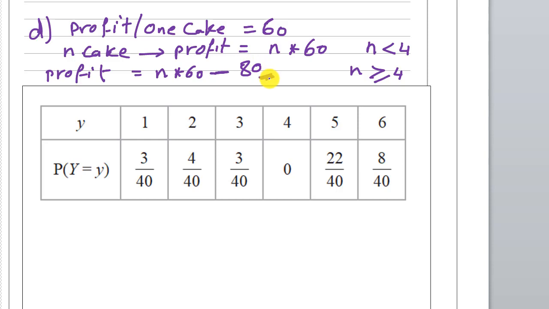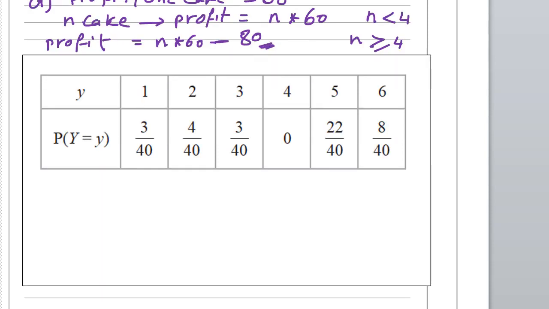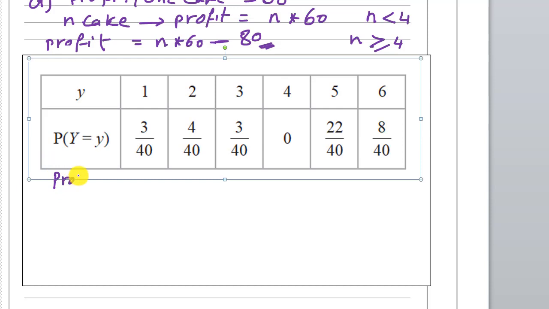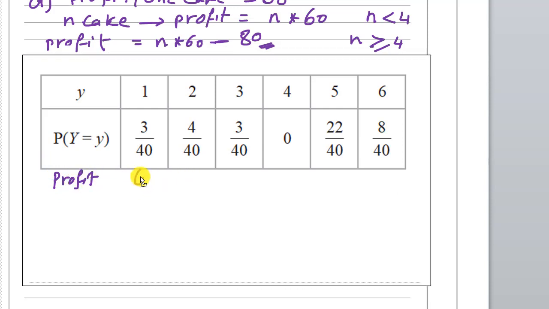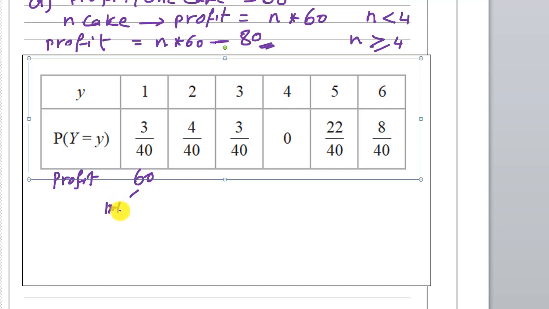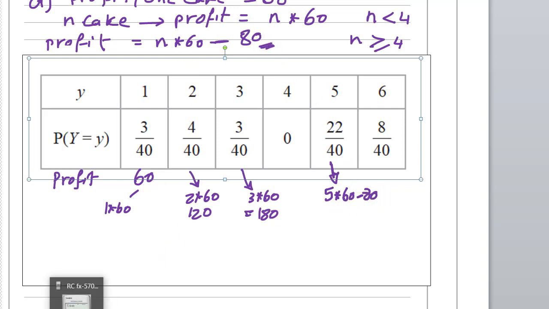So let us now find the values. So profit. Here 60, which is 1 multiplied by 60. Here n is equal to 2. 2 multiplied by 60 is equal to 120. Here 3 multiplied by 60 equal to 180. Here 4, we don't have. Now 5. So 5 multiplied by 60 minus 80. Why minus 80? Because he gave 1 to the customer.